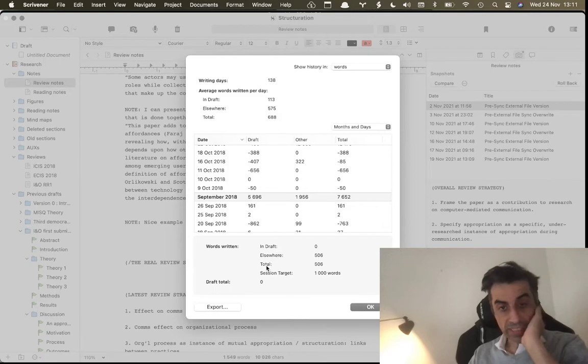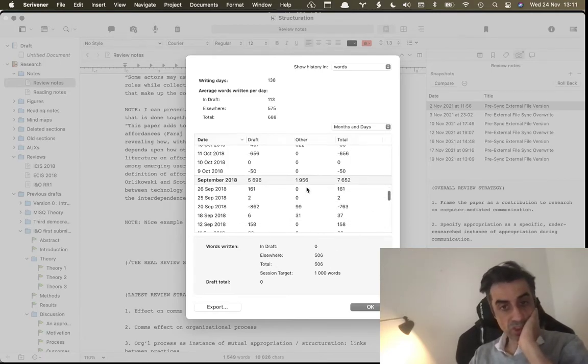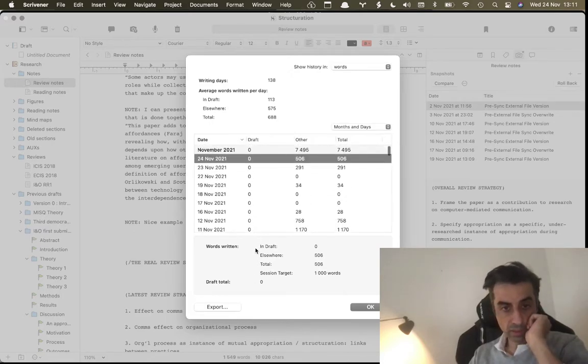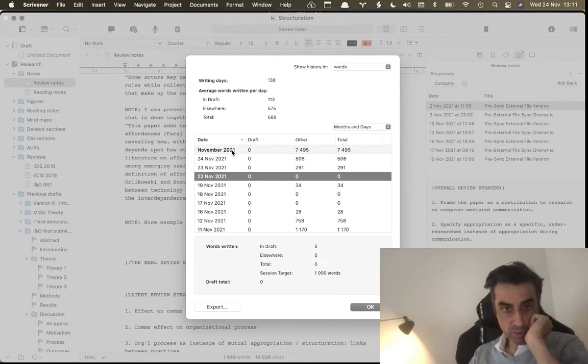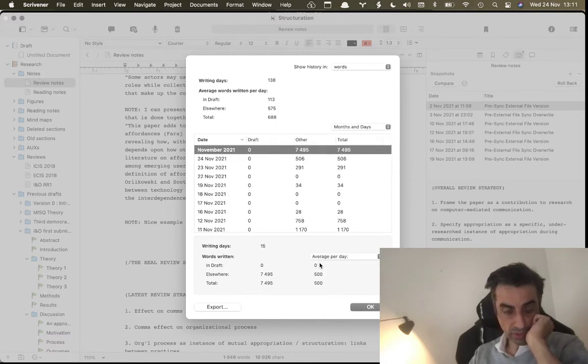Okay, and then you can go and check what you've done here below for the specific days or specific months. Okay, and here you can see on average your maximum, and your minimum, right? So there were days that were 0.